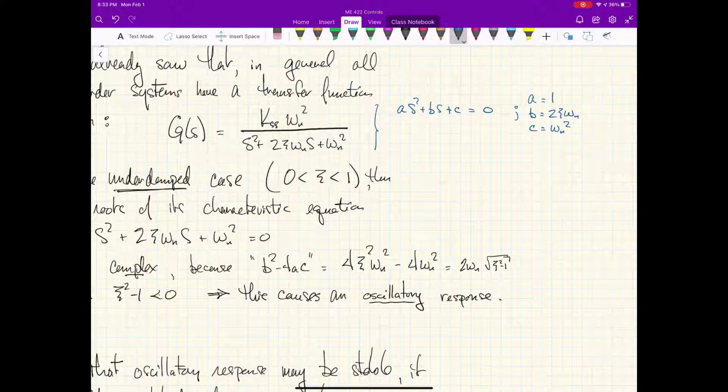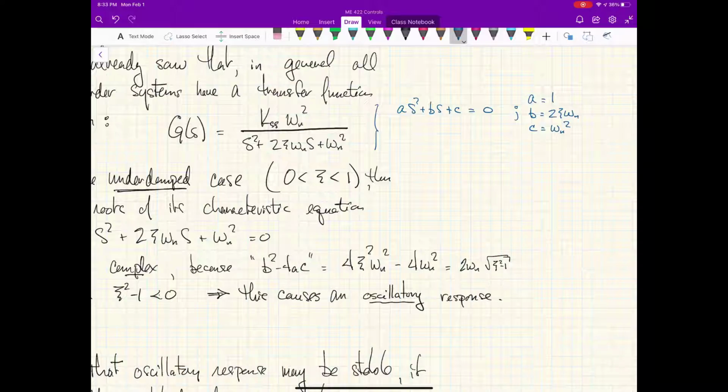And if you recall from your study of the quadratic equation, the roots of that equation, I'm going to try not to use the word zeros because, as you know from our previous conversation, which again I'll repeat in a moment, when we say zeros in the context of control systems, I'm really talking about the roots of the numerator, and poles refer to the roots of the denominator.